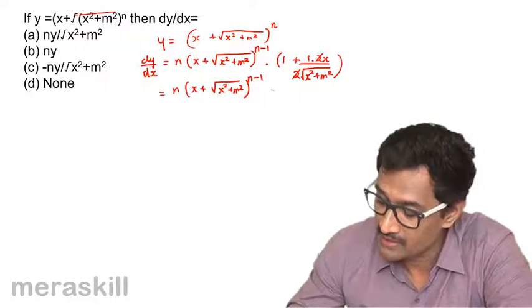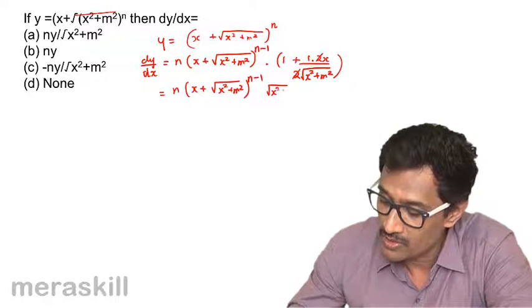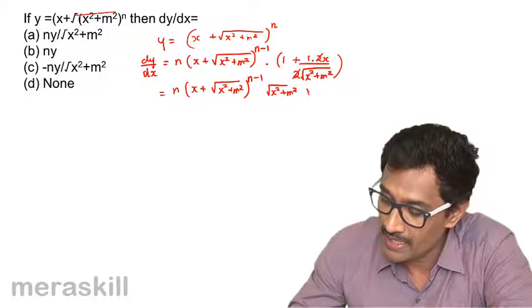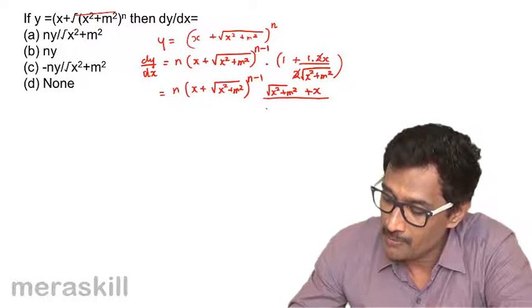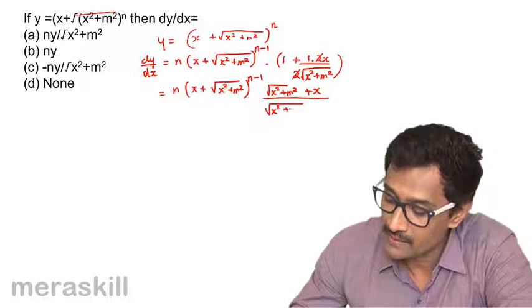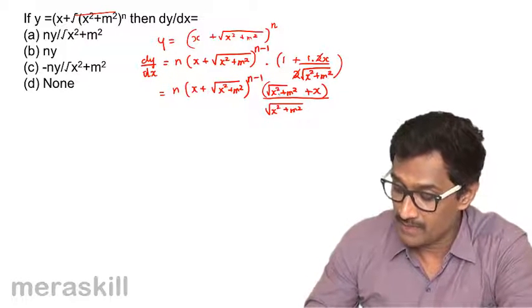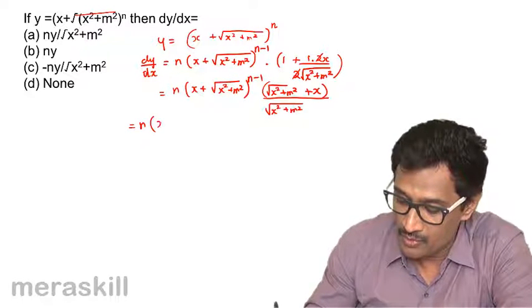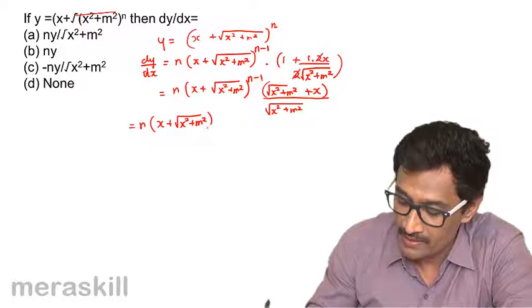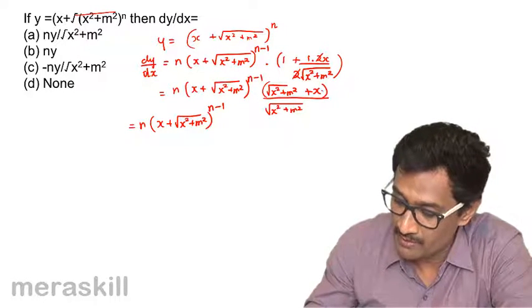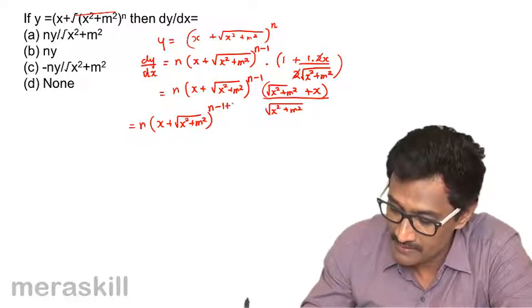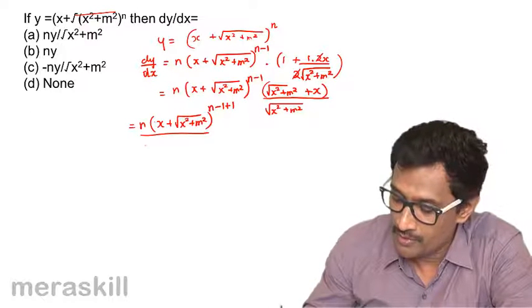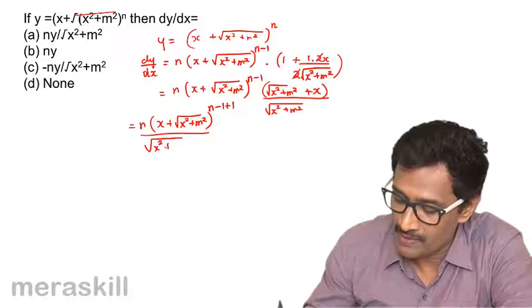If you take the LCM, this is nothing but root x square plus m square plus x upon root x square plus m square. Now if you see, this term and this term are the same thing, so this will actually be n into x plus root x square plus m square raised to n minus 1 plus this whole thing, plus 1 upon root x square plus m square.